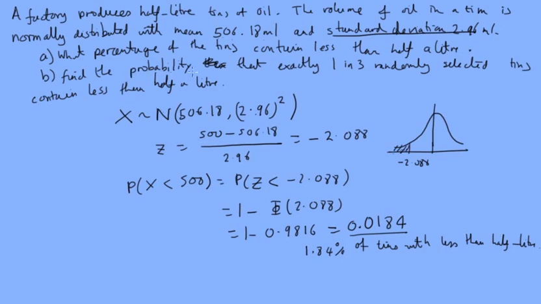Okay, now we want to find the probability that exactly 1 out of 3 randomly selected tins contain less than half a litre. This is an example of a discrete random variable. We'll call it y, and that's the number of tins with less than half a litre.